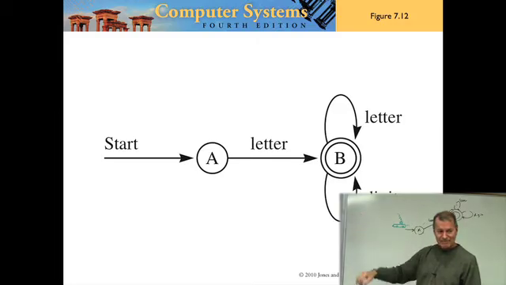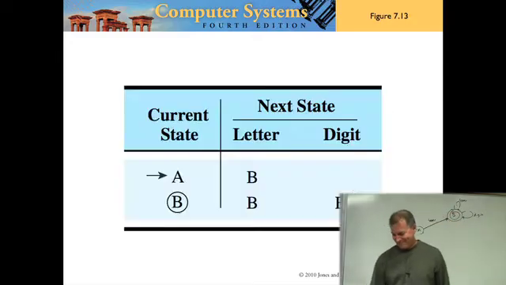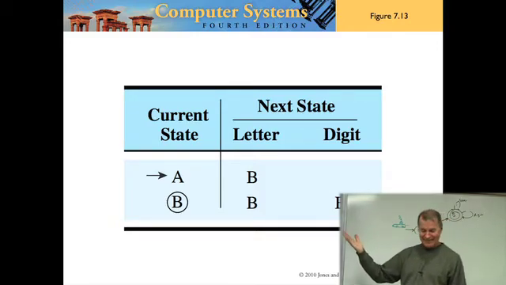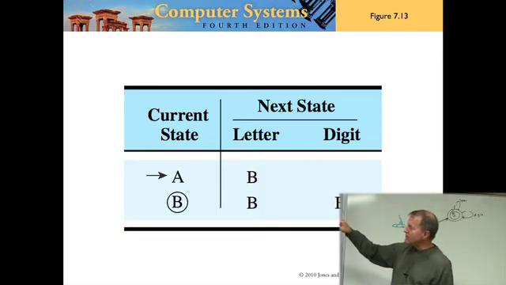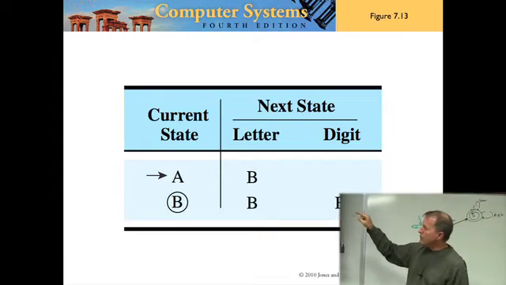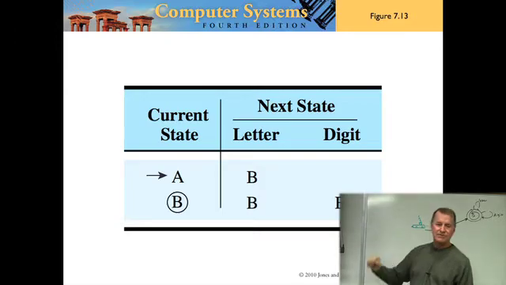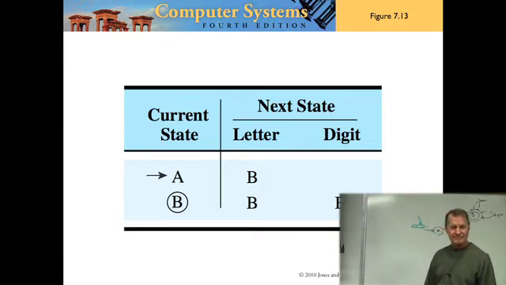In the column that says digit, in the row that says A, it'll just be blank. And you see why? Because there is no transition from A to another state on digit.